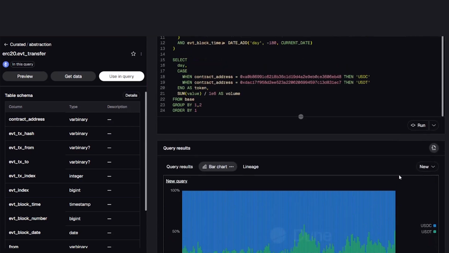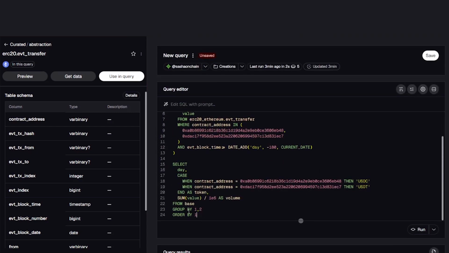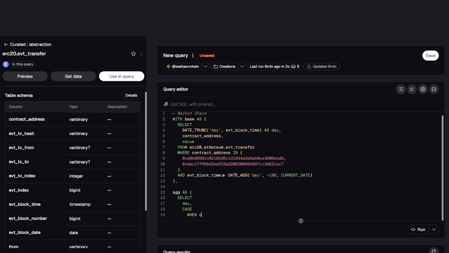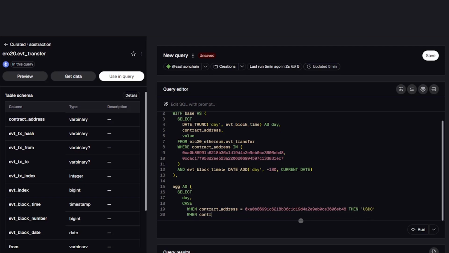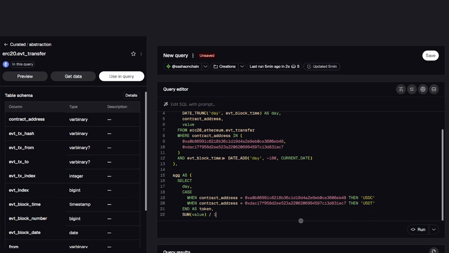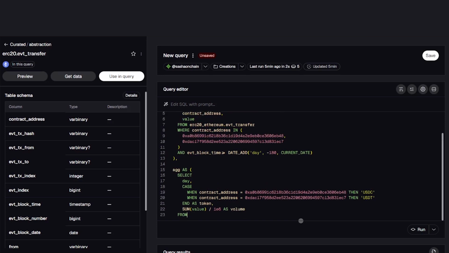Now we go one step deeper, we keep the same dataset and grouping logic, but add one extra layer. We calculate total daily volume across both tokens, then normalize each token's share by that total. So instead of absolute values, we now get percentages, daily market share. So now we're not looking at money anymore, we're looking at usage.